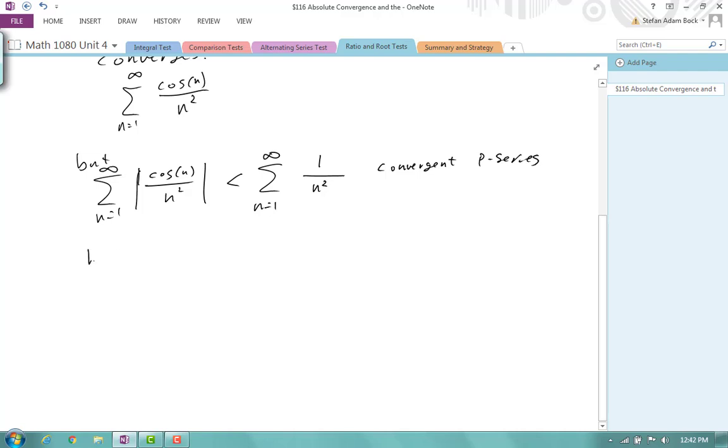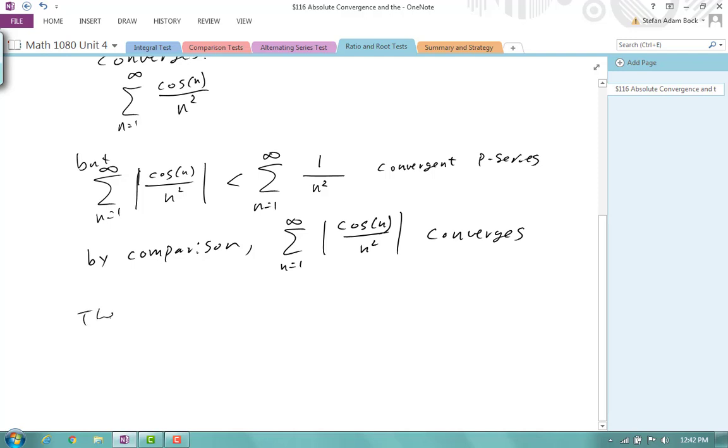So this means, let's see, by comparison, the sum from n equals 1 to infinity of the absolute value of cosine of n over n squared converges. Therefore, the sum from n equals 1 to infinity of regular cosine of n over n squared is absolutely convergent.